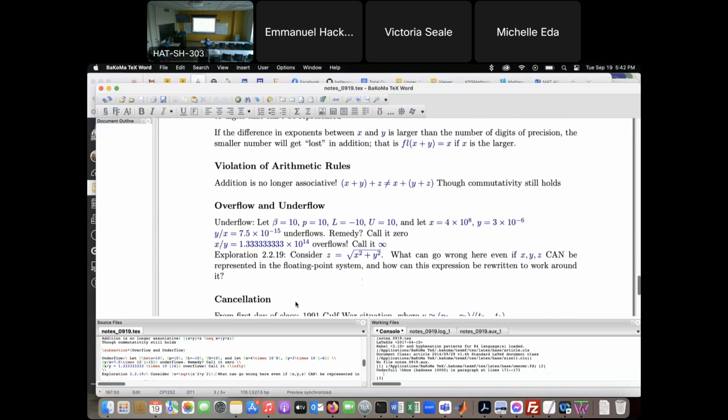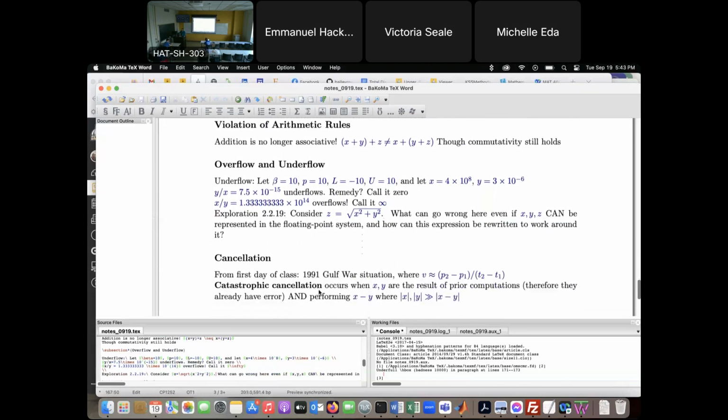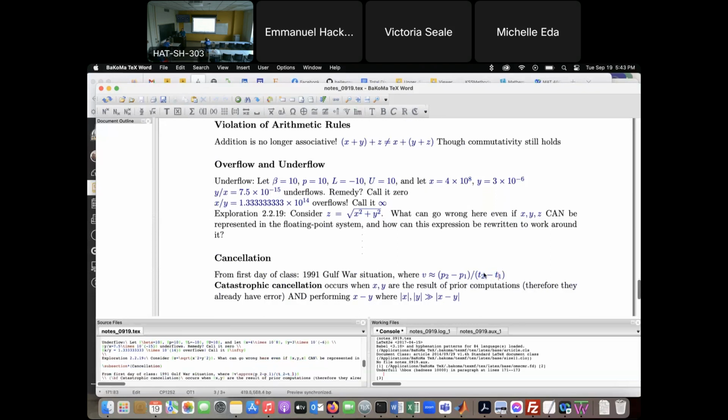here's an especially serious issue with floating-point arithmetic called cancellation. I have mentioned this before. What I told you about on the very first day of the semester, what happened in the 1991 Gulf War, where American troops were killed over this subtraction becoming inaccurate because the numbers being subtracted became very large while the difference between them remained small.